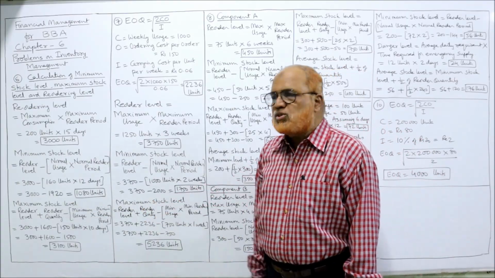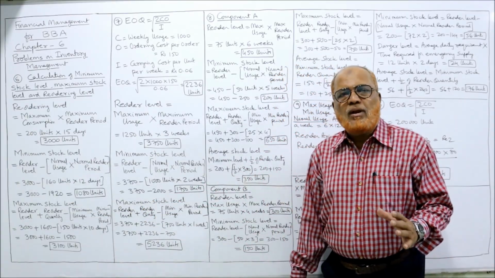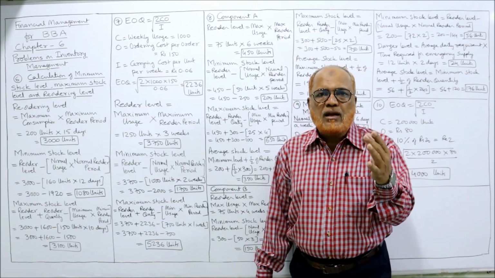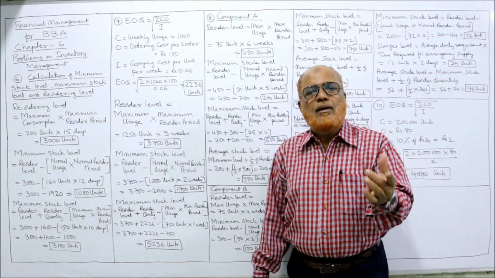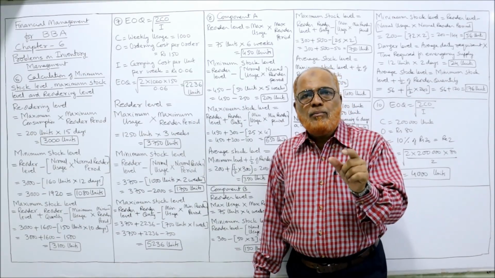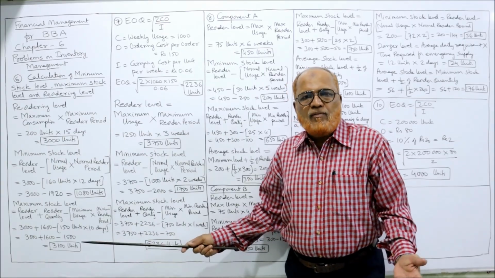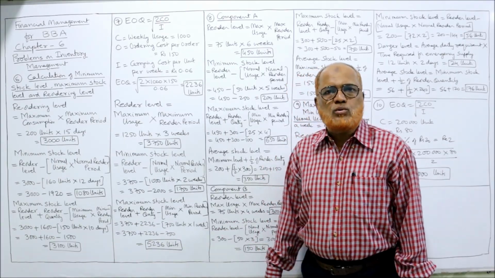Now the maximum stock level. The formula is reorder level plus reorder quantity minus minimum usage into minimum reorder period. Now we have everything, simply substitute.